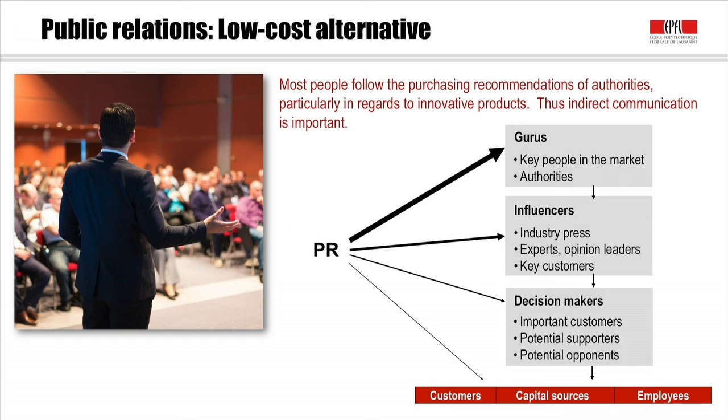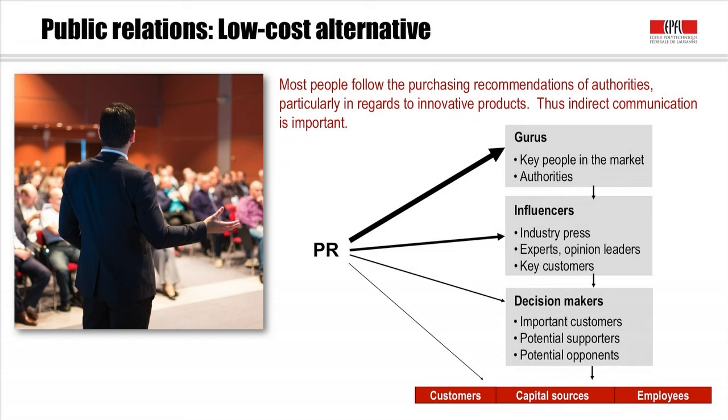Then there are some influencers, maybe some industry peers, experts, opinion leaders, key customers. And then there are some additional decision makers who get their messages either directly from you with the PR or are shaped by what the gurus and the influencers think. So there are oftentimes companies in an industry who look up to other companies and say these other companies are leading in terms of technology, in terms of customer approaches, in terms of their products, and we closely follow what they are doing and then mimic what they are doing.